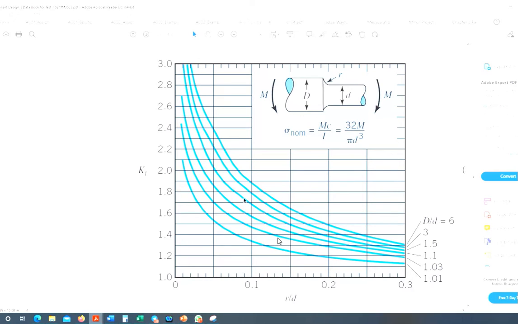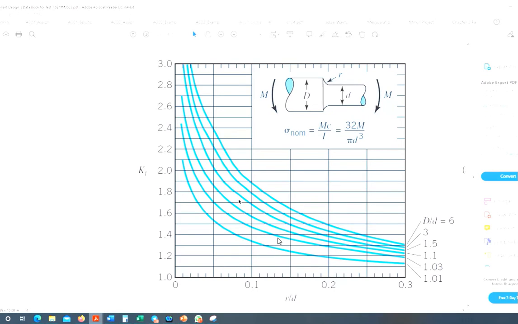Your value is 1.4, slightly below that. Then your x-axis R over D is 0.085, in the middle.